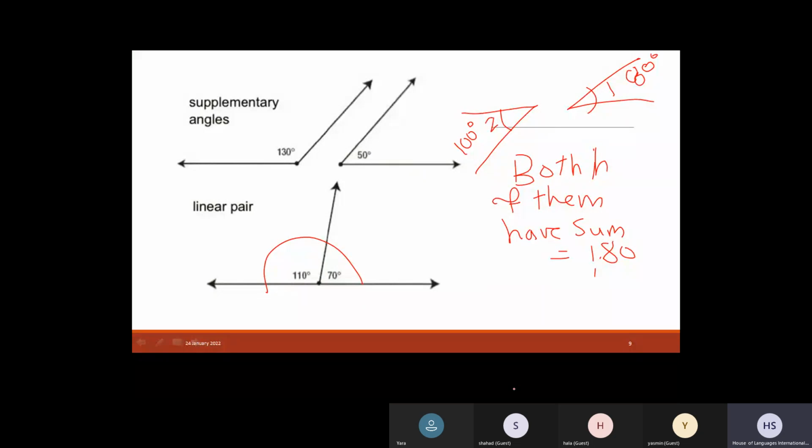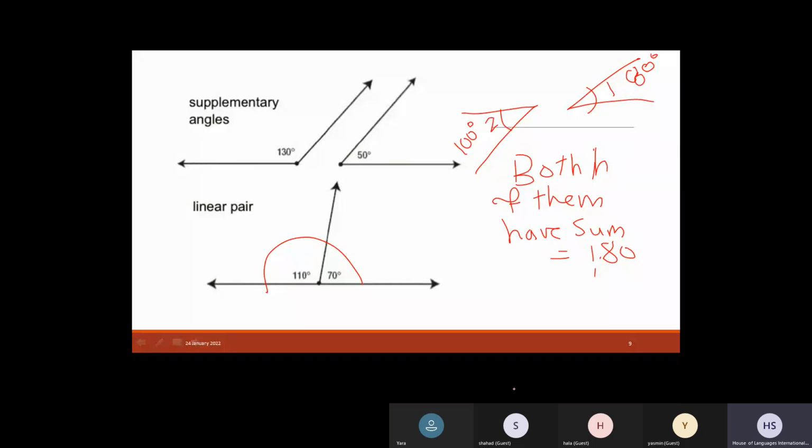No. Here you must know that it's 180. Both of them are 180. But the second one, you must know. When you see any line, it must be 180 without telling you.